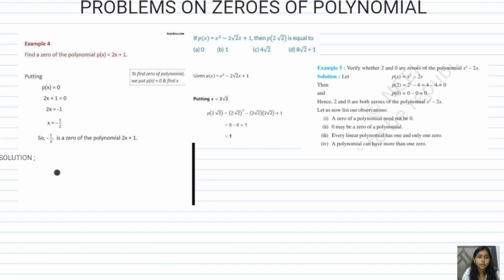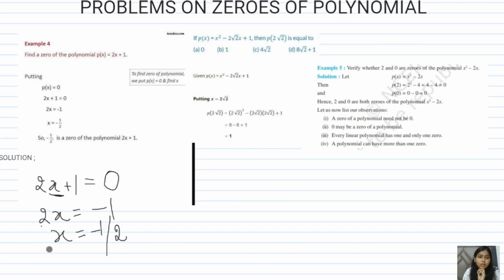So guys, what we have to do is put this equation equal to 0, and whatever will be the value of x will give you the 0 of polynomial. Let's solve it like the normal equation you used to solve in your earlier classes. So x is equal to minus 1 by 2. So minus 1 by 2 is the 0 of the polynomial. This is the solution for this particular problem.